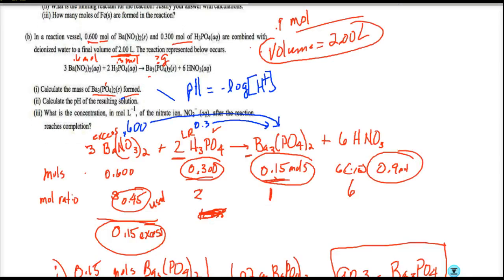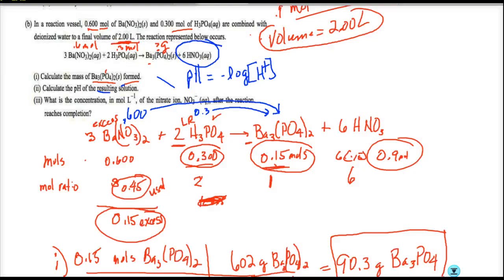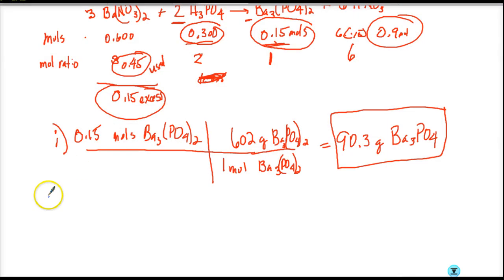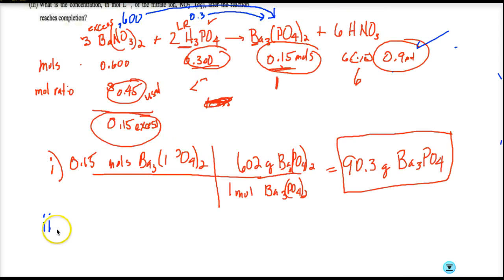So now I need the concentration of the hydrogen ion, and it says in the resulting solution. So what is in my resulting solution that's going to cause that pH? That would be my nitric acid. So pH of the nitric acid, for that resulting solution.